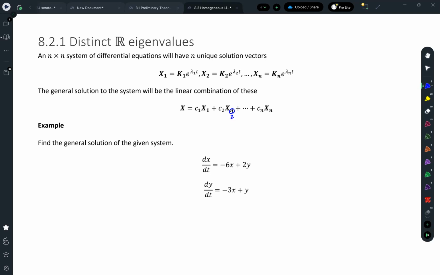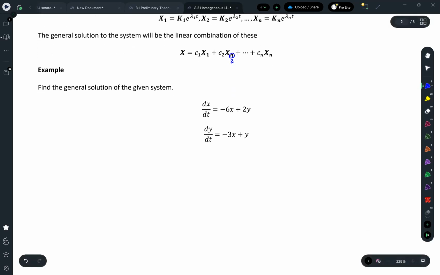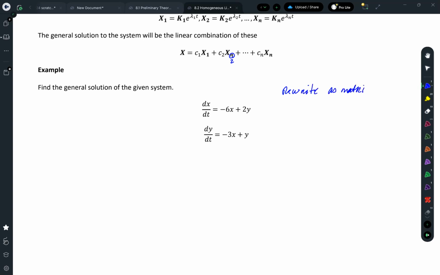Okay? So we're going to start with a 2 by 2 system. dx/dt equals minus 6x plus 2y, and dy/dt is equal to minus 3x plus y. First, I want to rewrite this as a matrix equation. That's always my first step so that I can identify my coefficient matrix.